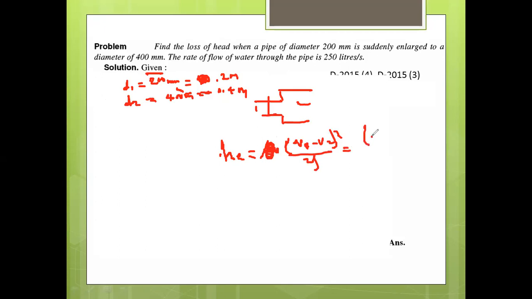What is V1? Are the velocities given? No. We need to find out the velocities. Yes. Q is equal to A into V. V is equal to Q by A.